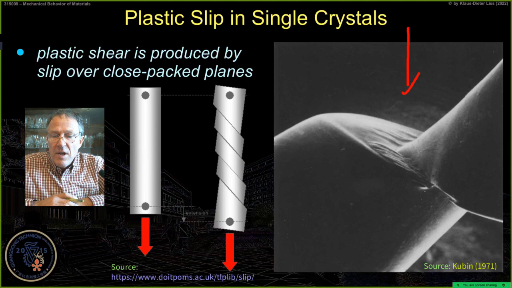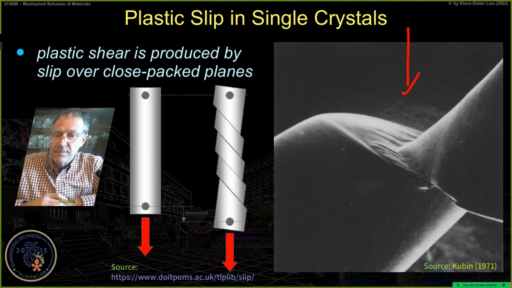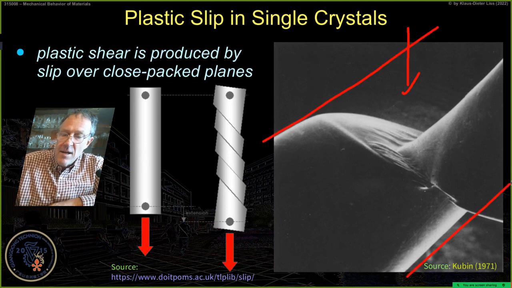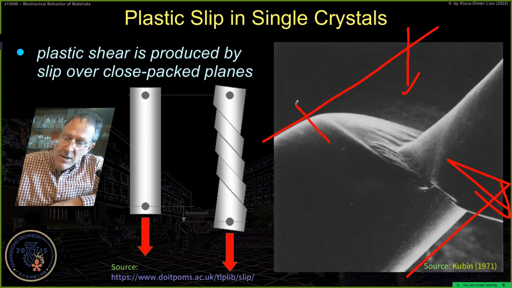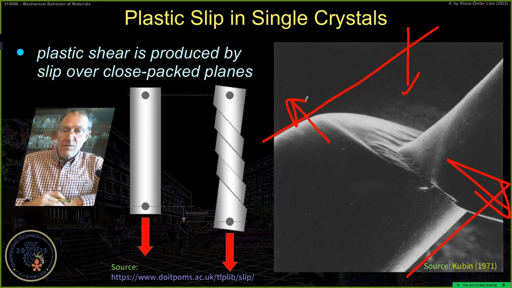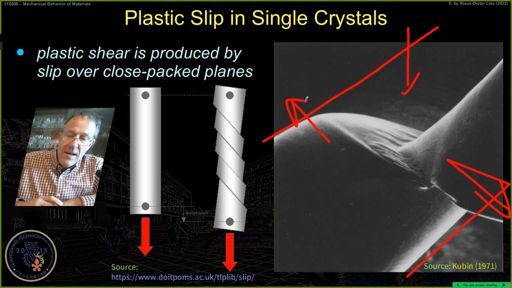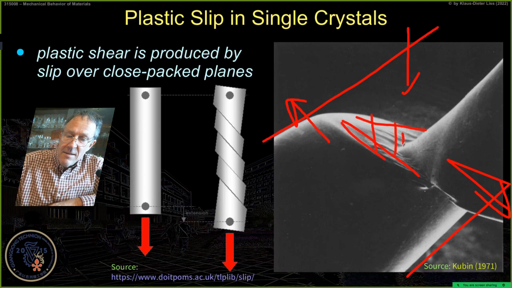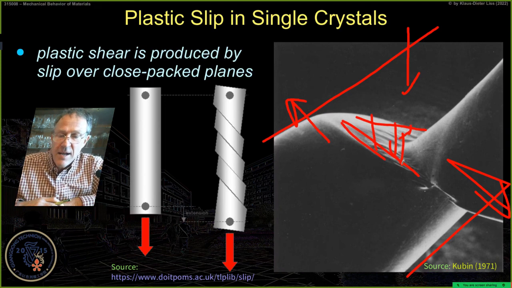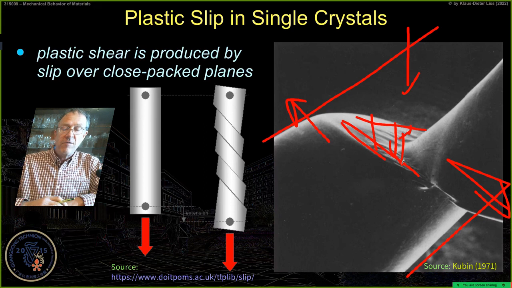The deformation of a single crystal by shear. So we have originally a single crystal here, and then they apply shear across this plane, and what we can observe is that the crystal slips on that plane. So basically this crystal plane maybe jumps from one plane to the other, but basically it slips off a crystallographic plane.